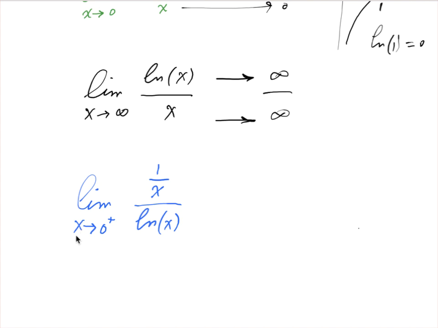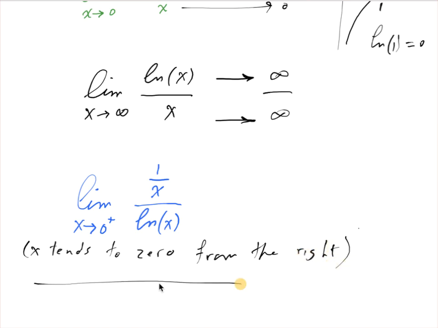Here we have x tends to 0 from the right. On the x-axis, here's the origin, x is on the plus side, and it's tending to 0.